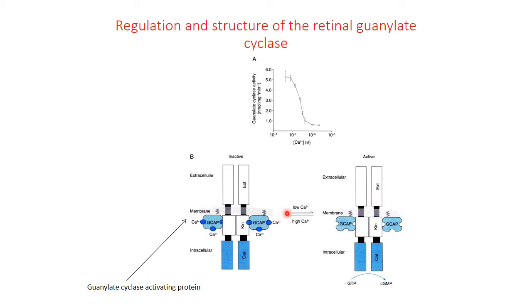When calcium is bound to guanylate cyclase activating protein, the guanylate cyclase is inactive, while when calcium dissociates from the guanylate cyclase activating protein, the guanylate cyclase is active. So when the calcium levels inside of the cells are relatively low, in this scenario here, there is a production of cyclic GMP, so there are high levels of cyclic GMP inside of these cells.